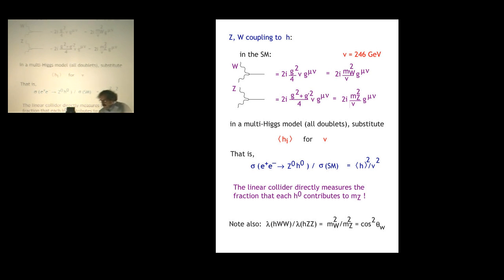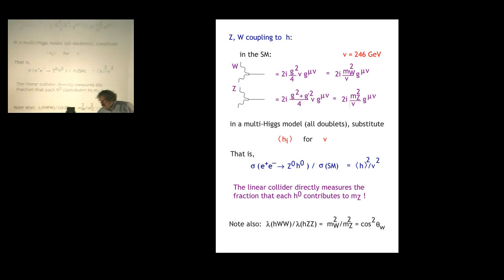In a multi-Higgs doublet model, let me assume for simplicity that all the Higgses are doublets, you would have a contribution to the W and Z mass proportional to the gauge couplings, and then the Higgs vacuum expectation value.